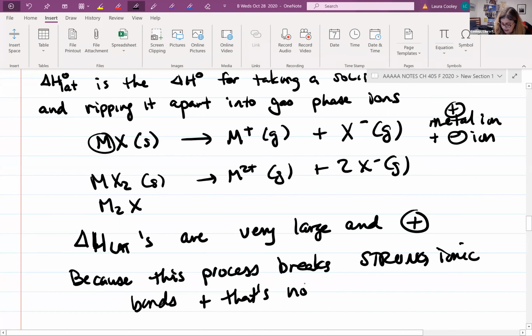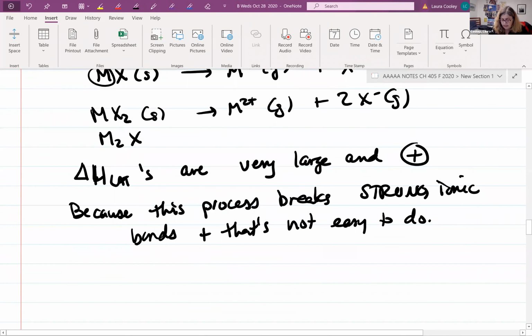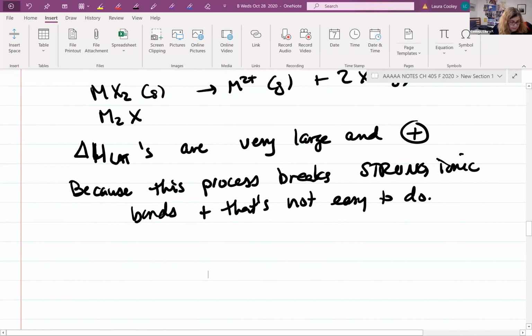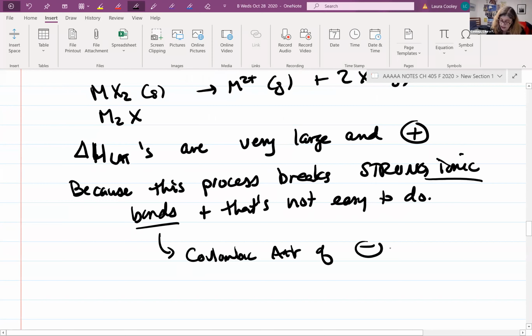And that's not easy to do. So it requires a lot of energy. And of course, these strong ionic bonds, it's really just another way of saying the Coulombic attraction of negative and positive charges. Okay.